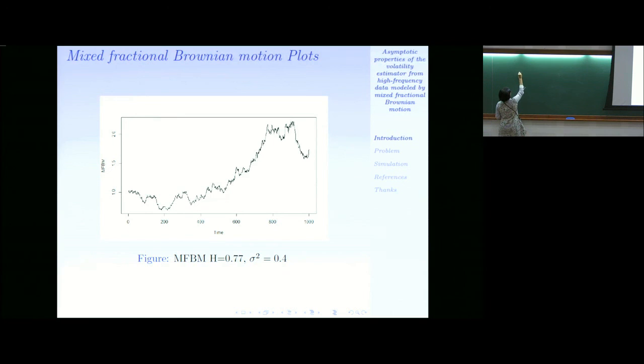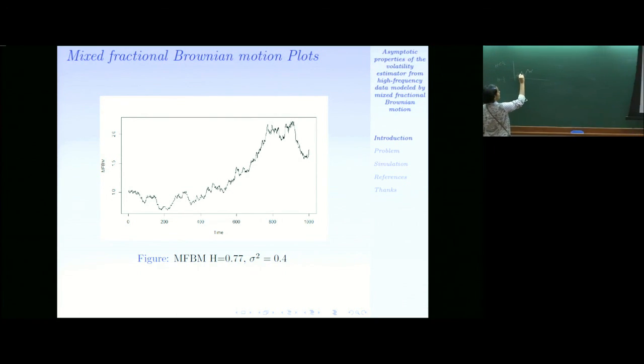If h is less than half, then paths have too many ups and downs. If h is greater than half, a typical path will have fewer ups and downs, and as h gets larger, the paths are even smoother.